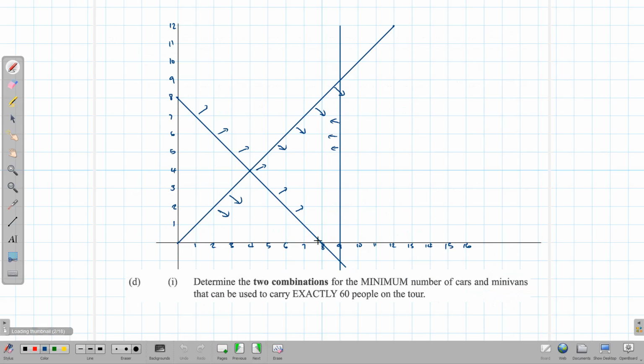Let's fill them in, 0 to 10, and 9 to 4. So we can join those, put a straight line through them, and there we go. Make sure that we cover that. All right.